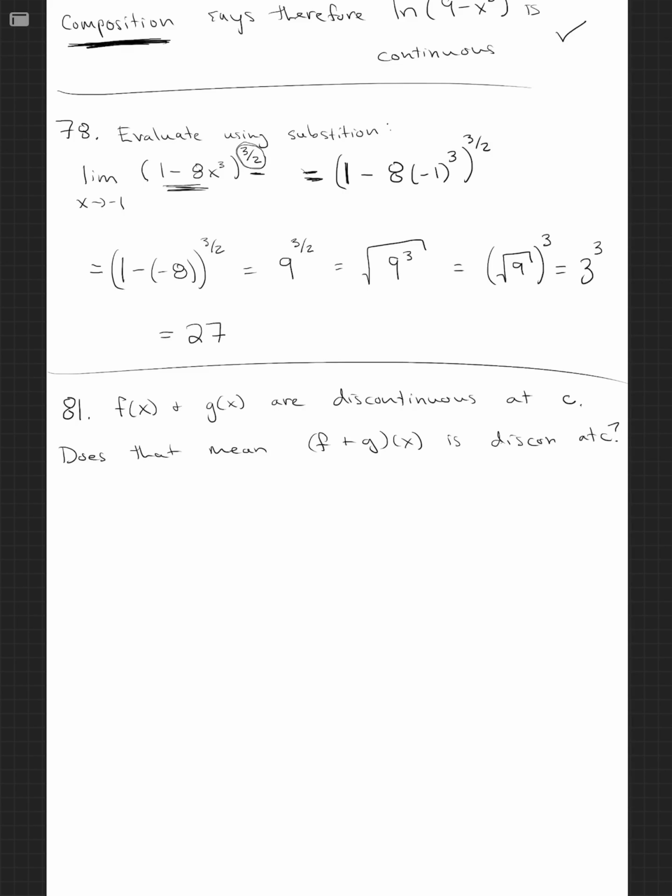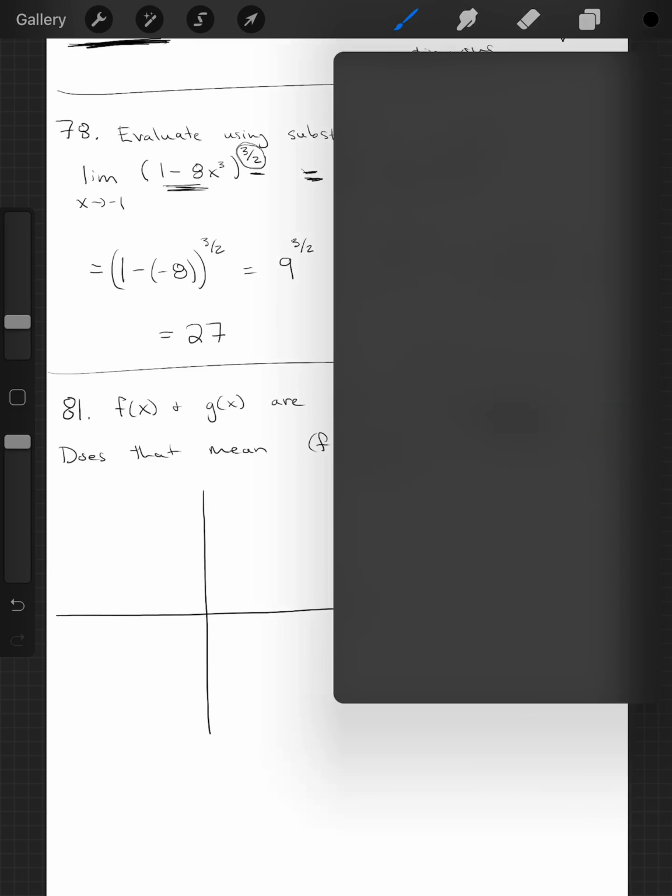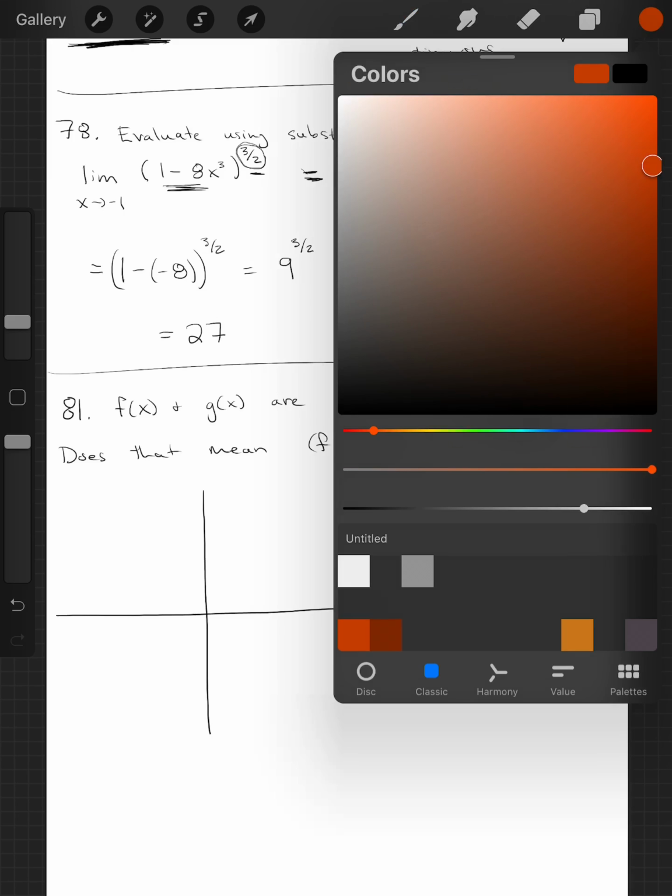So coming up with a counterexample means we get to decide any f that we want and any g that we want as long as they're discontinuous at a particular point, and then we want to show that their sum actually is continuous. So this is going to be hard to draw, but I'm going to try to use colors.